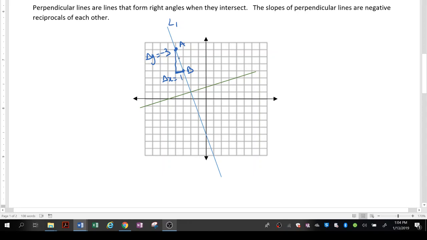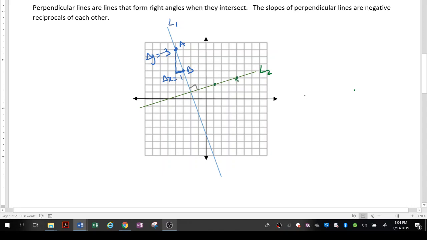Now let's take a look at what happens when we take this line L1, and essentially it's being rotated 90 degrees. Here's our little 90 degrees again, and here is our line L2. So here let's take a look at 2 points.